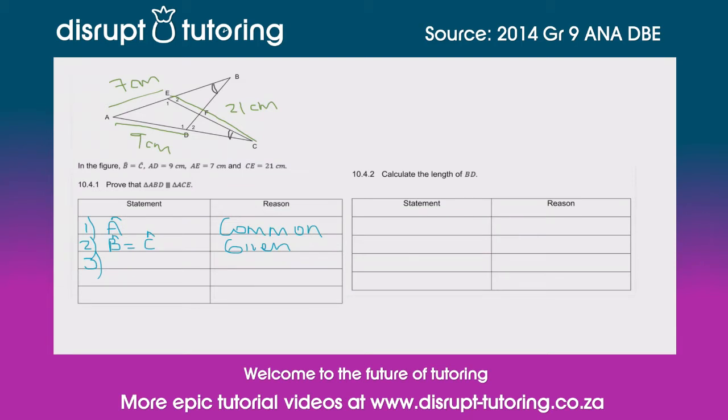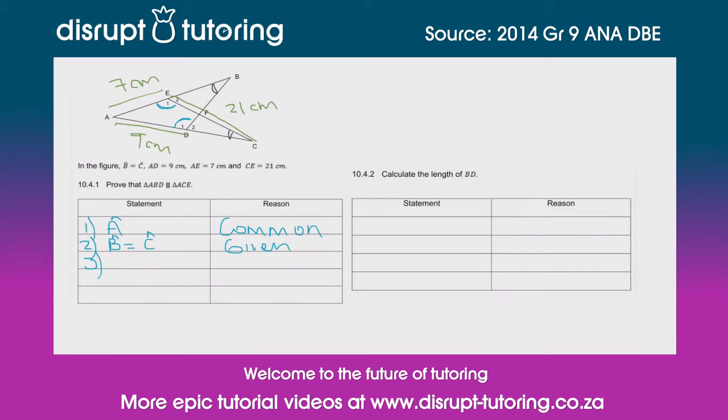Okay, so let's look at our triangles. We've got ABD, which is over there, and we've got ACE, which is that one over there. So the very last angle we're looking for is E1 and D1. How do we know that E1 equals D1?